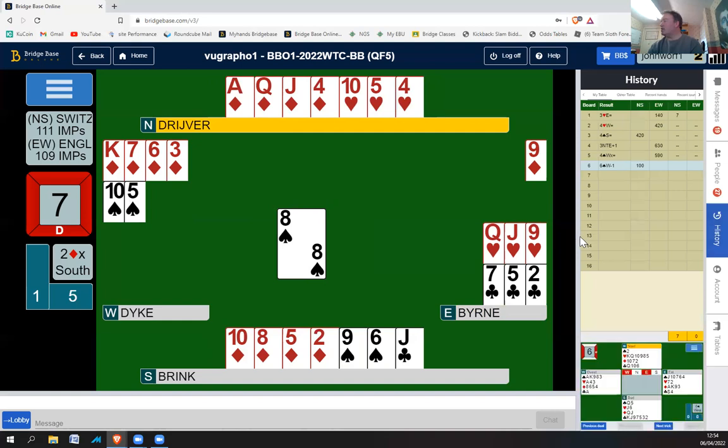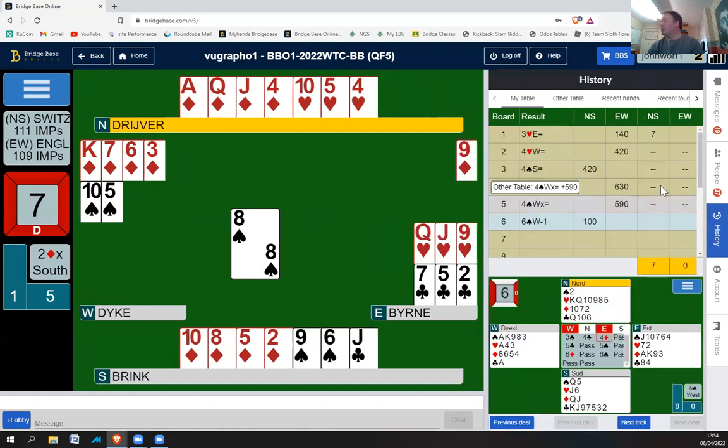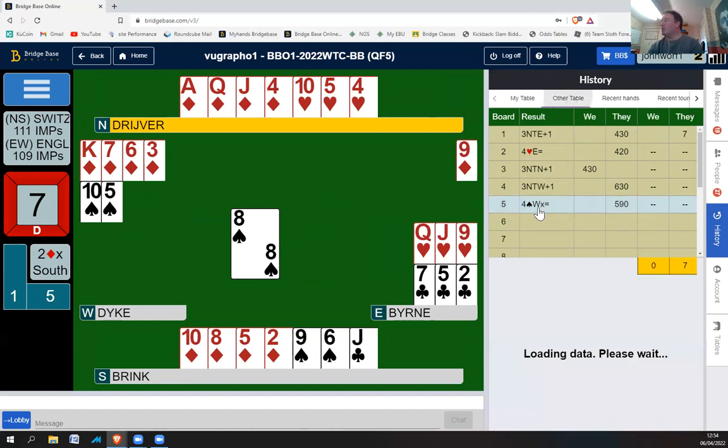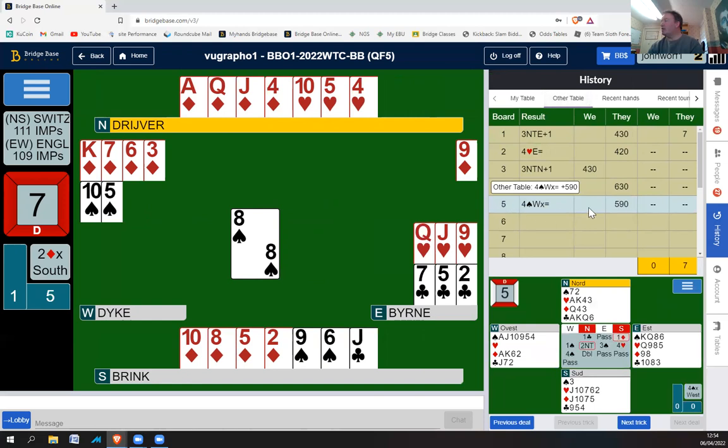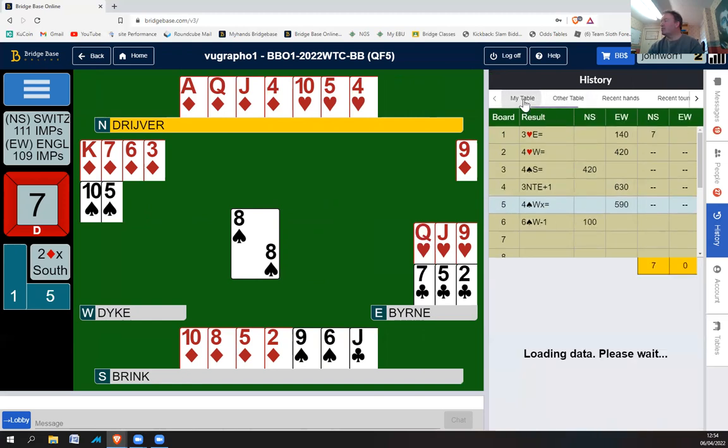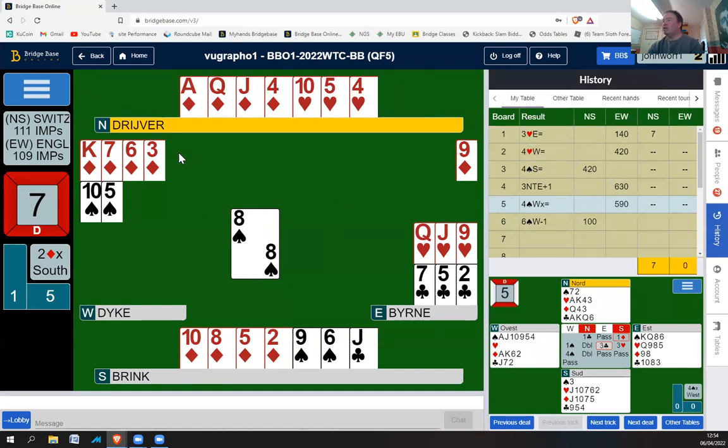If you look at the history, you can see that the first board was 7 IMPs. Board 6 was 6 spades minus 1. On the other table, they're slightly behind. You can also go back and look at that table if you want.